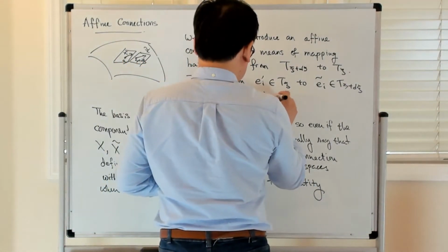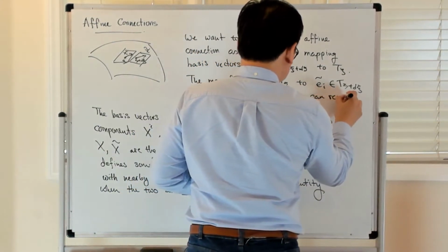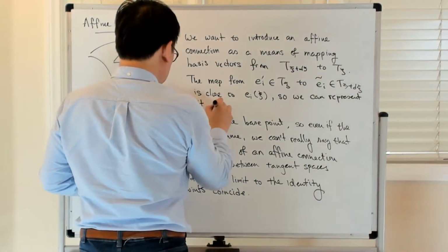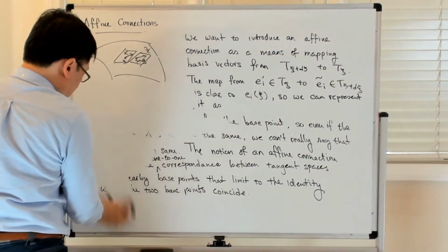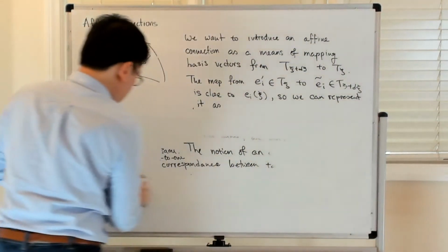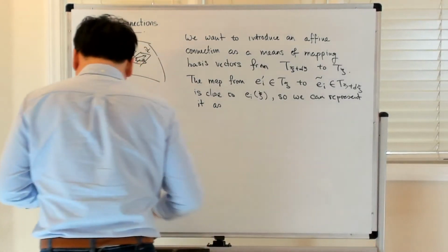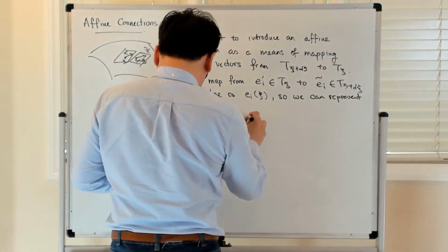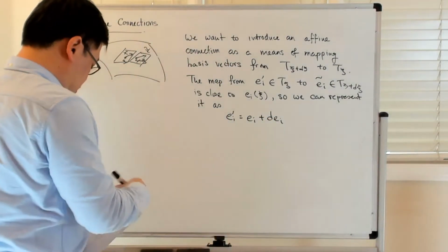So we can represent this as e_i prime is equal to e_i plus d e_i.